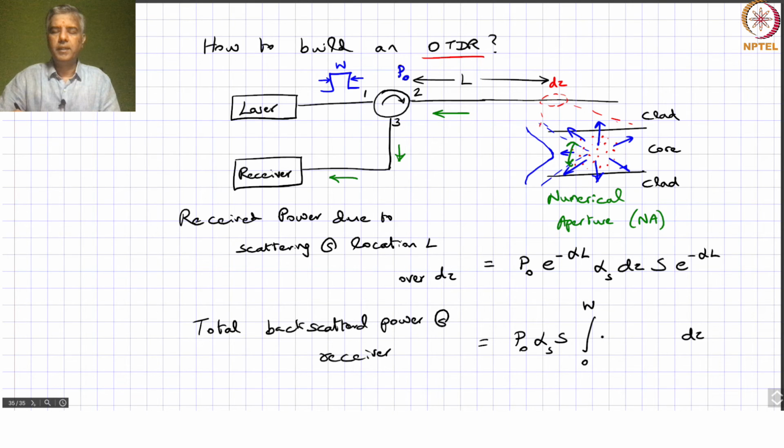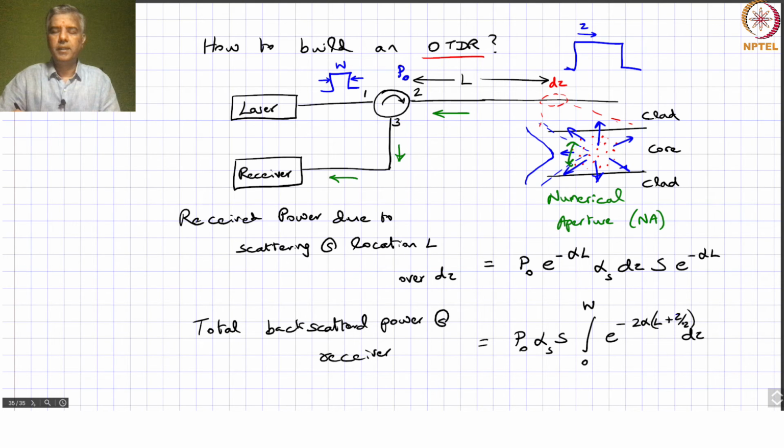Now what comes within this? Well, you have basically e power minus 2 alpha times L plus Z by 2, where let's say the pulse is occupying this extent, right? And within that you have Z as the distance at which this scattering is happening.